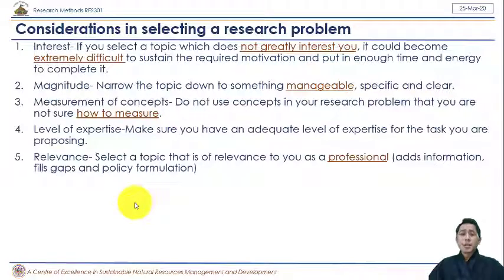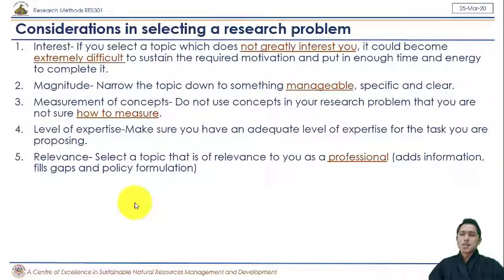So again, relevance. Studying lichens, for example, should be relevant to your course as well as to your profession, and it should be relevant to the scientific community that you are going to add information to, that you are going to fill the gaps for. Remember that if lichen studies are already being carried out elsewhere by people around, and for example, if it is being carried out in the same specific locality that you're going to study, then it's not going to add any new information.